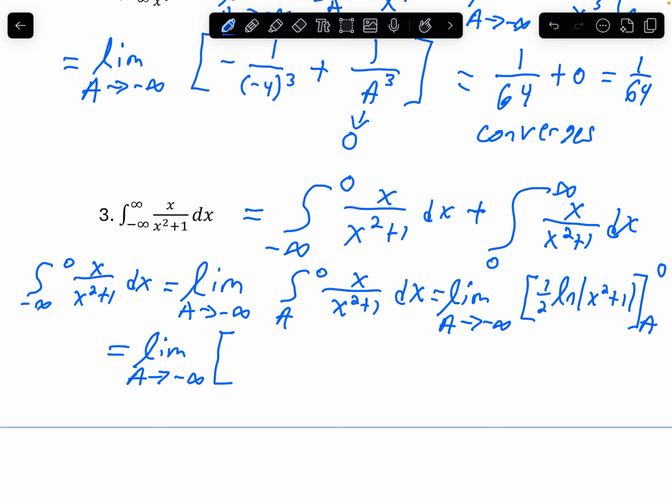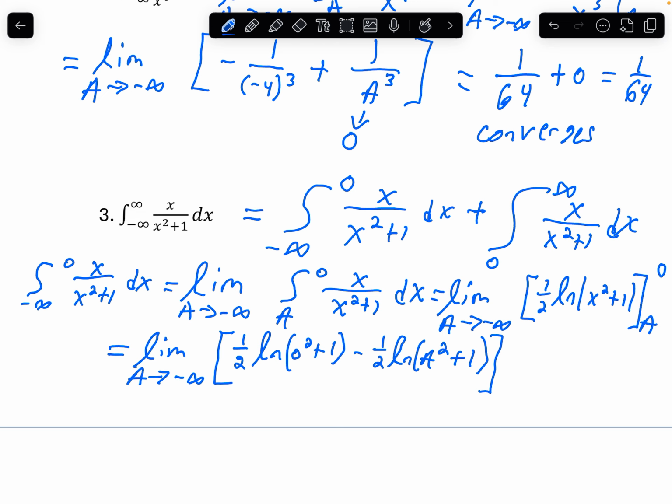Applying the fundamental theorem of calculus first, this is 1/2 times the natural log of 0 squared plus 1, minus 1/2 times the natural log of a squared plus 1. So even though a would be getting smaller and smaller, more and more negative, squaring it makes it positive anyway.